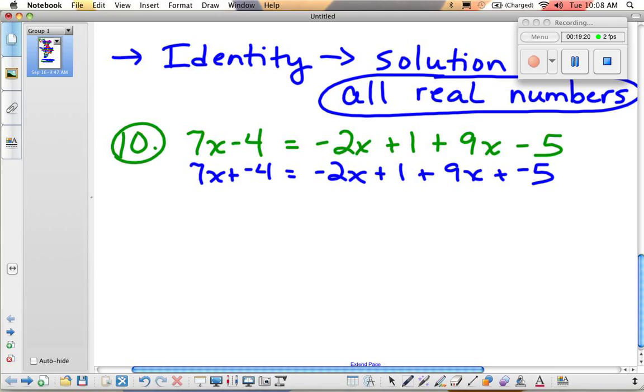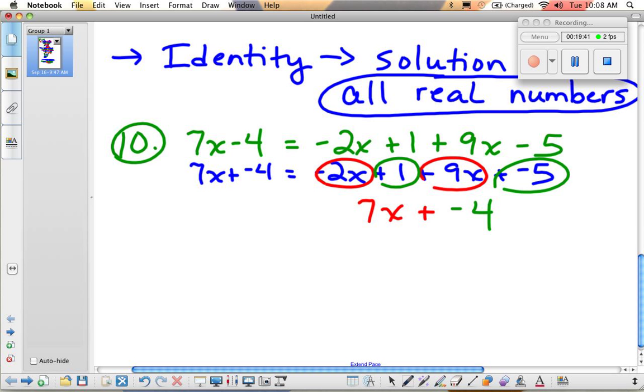How about the right side? Yes. Okay, so what can be combined? Negative 2x and 9x can be brought together, and what do they become? 7x. And the 1 and the negative 5 can be brought together, and they become negative 4. And then we still have this other side of the equation right now, correct?